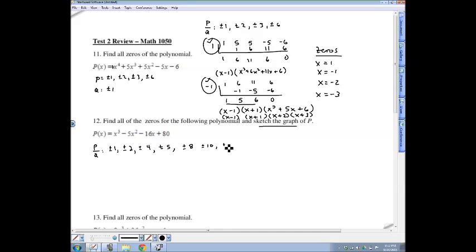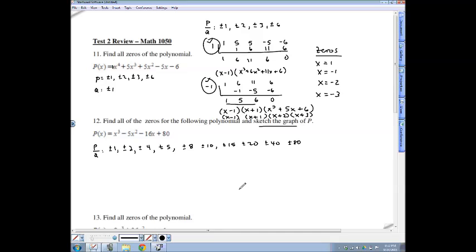Yeah. 4 goes into 80 20 times. 2 goes into 80 40 times, and 1 goes into 80 80 times. So those are all the values, all the possible rational zeros of this polynomial.